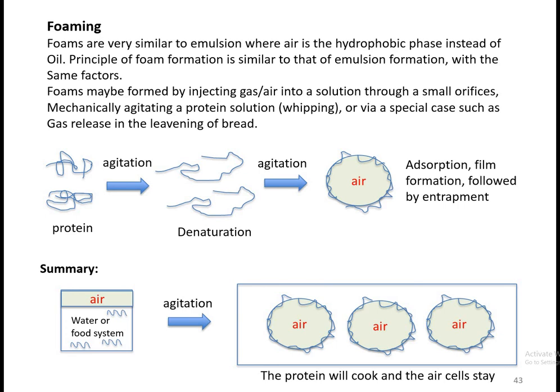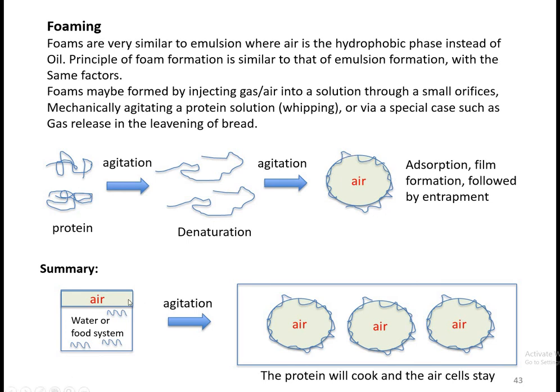You really whip until air is introduced into the system. So you have the proteins here, and then we whip the system. The protein will be denatured and it will quickly adsorb to the surface of the air. Adsorption, film formation, followed by air entrapment.